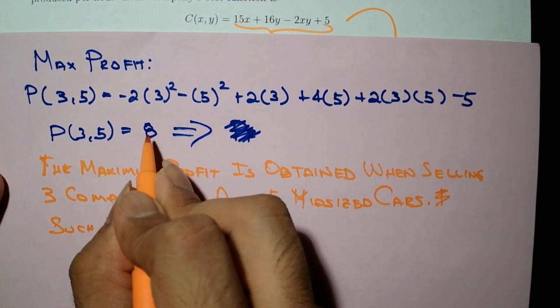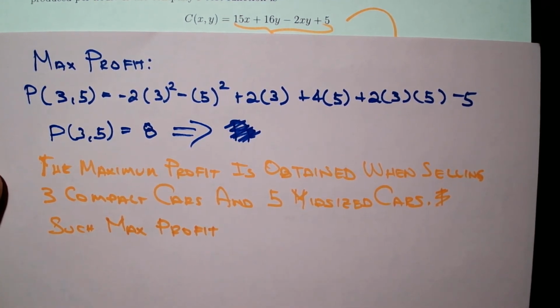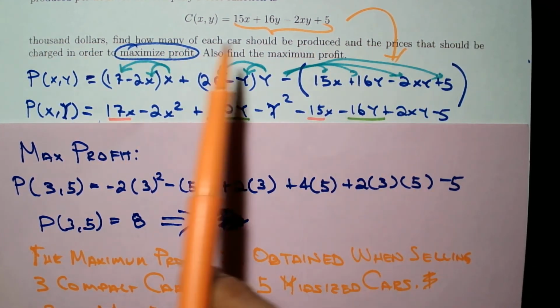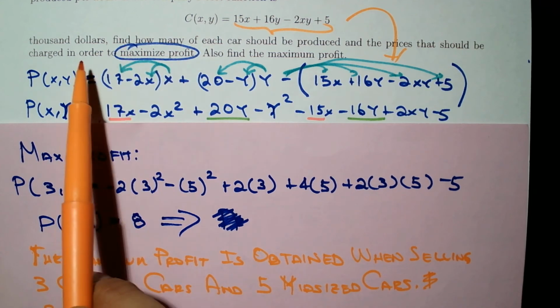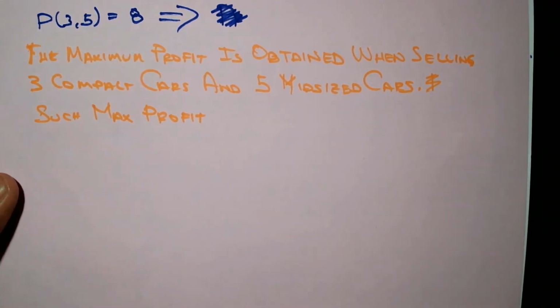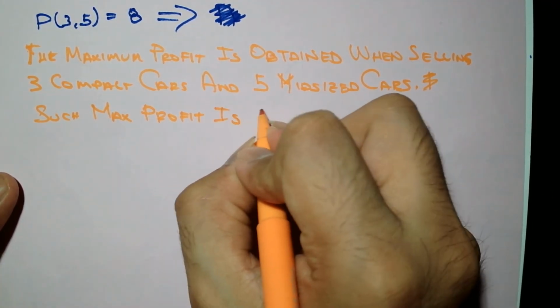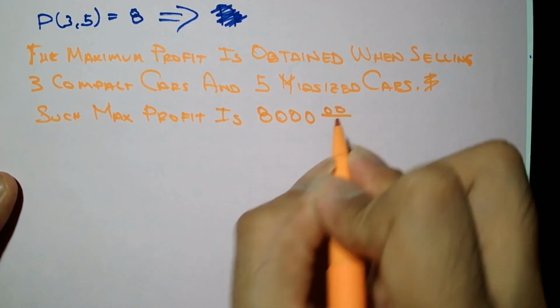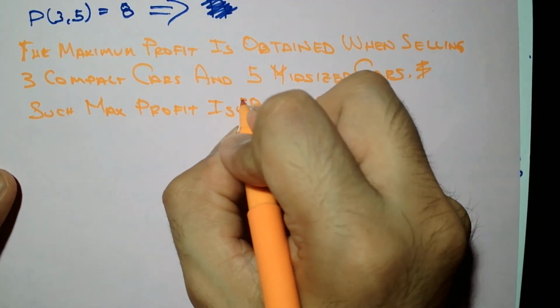Keep in mind that this is not going to be $8. Come on, think about selling cars. If you are making a profit of just $8 by manufacturing and selling all these cars, that's not a good business. So that's why they're telling us that this profit is in thousands of dollars.